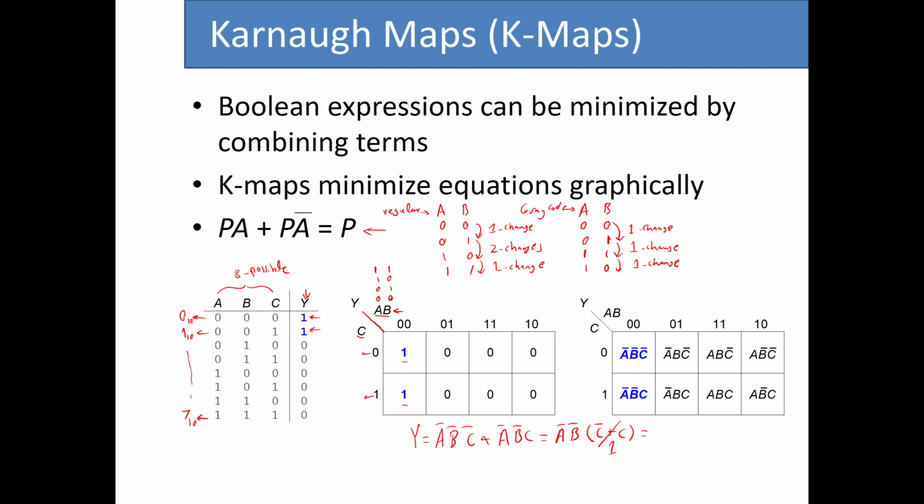So now that we have done it, we know that c bar or c simplifies to 1. So the final Boolean equation for y is going to be a bar, b bar. And again, as you can see, we just use the sum of product and the theorems to do the simplification.